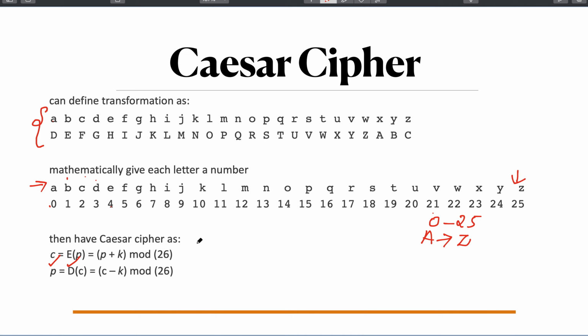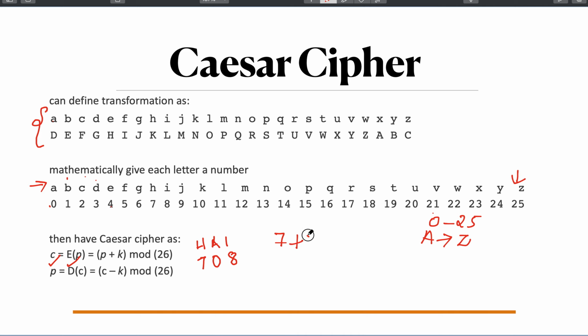Which means, for example, let's take HAI. Which is the number corresponding to H? H is 7, A is 0, I is 8. So it is 7, 0, 8. Now we are going to apply this mathematical equation. To get the first ciphertext letter for H, you apply the equation 7 plus K, which is the key.